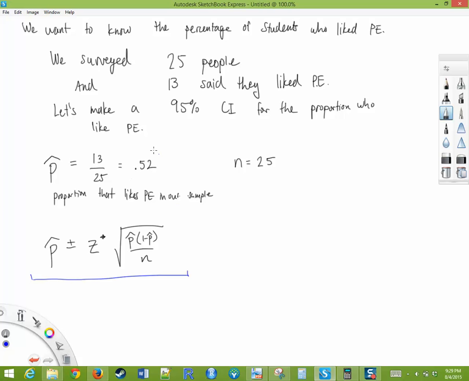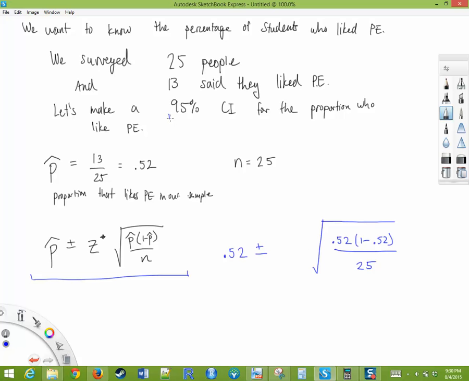So I have p hat, so I'm going to just plug in the numbers I have here. p hat is 0.52 plus or minus, we'll go to our z star later. I'm going to just square root, and every time I see p hat, I'm going to plug in 0.52, times 1 minus 0.52 divided by what's n? 25. Good.